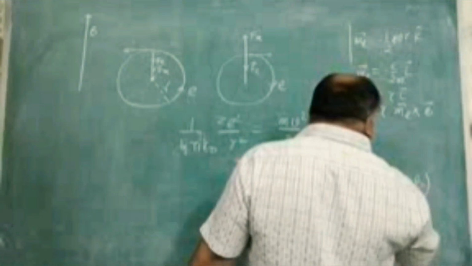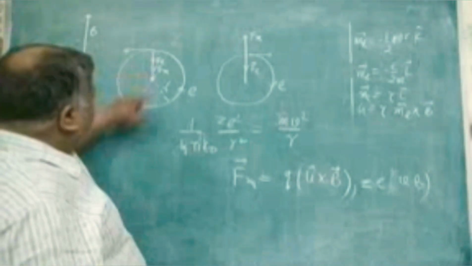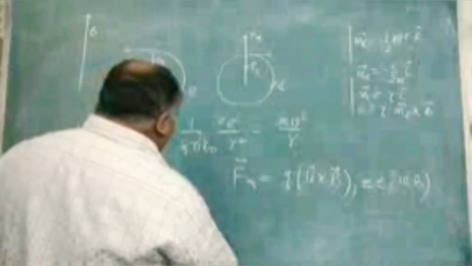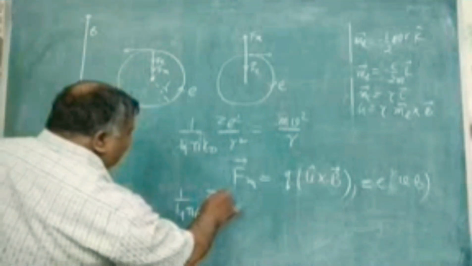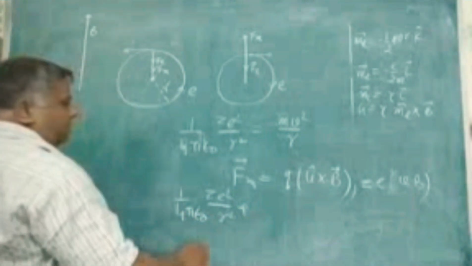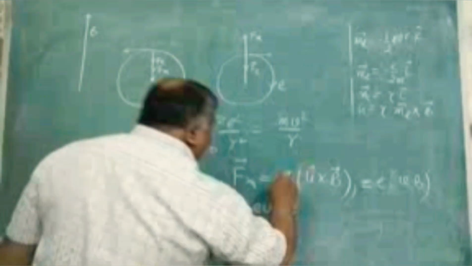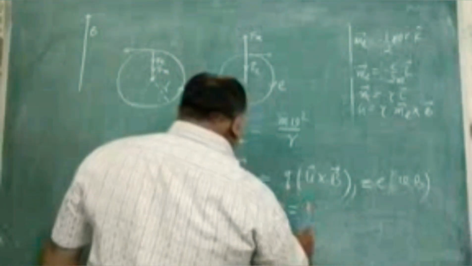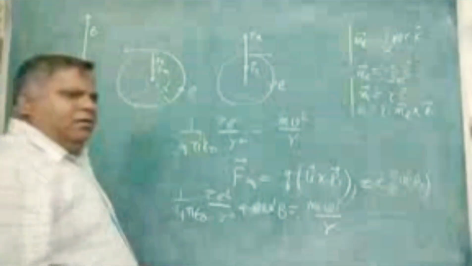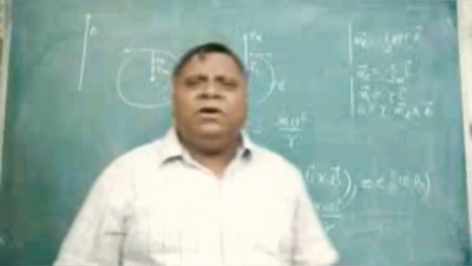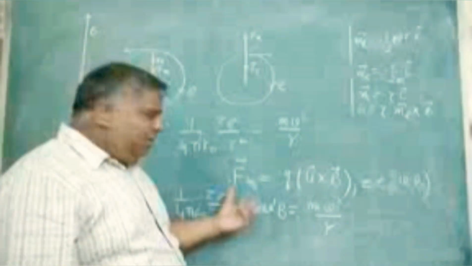We write like this. Magnitude wise, this direction is shown here. So we can write now the equation of motion like this: 1/4 pi epsilon Z square over R square plus E V dash B, where V dash is the new velocity in the presence of magnetic field, because now the equation is not the same.